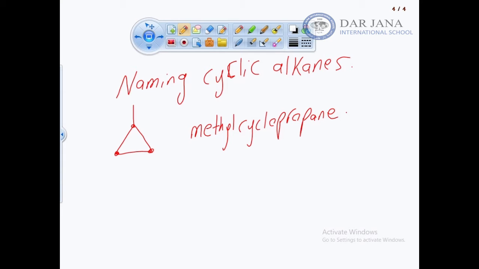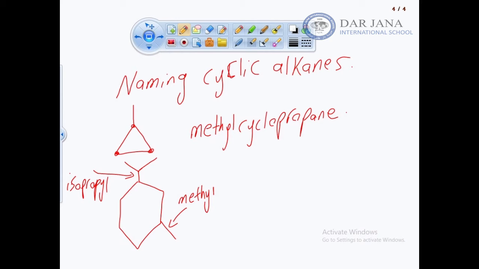Let's take a second example. Okay, try to name this cycloalkane. Here, as you can see, I have 2 substituents, 2 alkyl groups. The first one is isopropyl, this. This one is methyl.